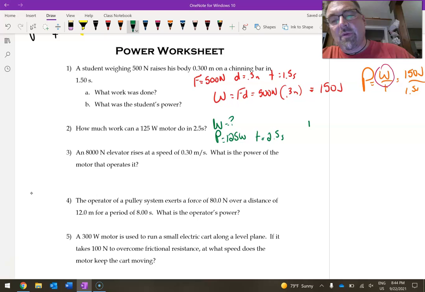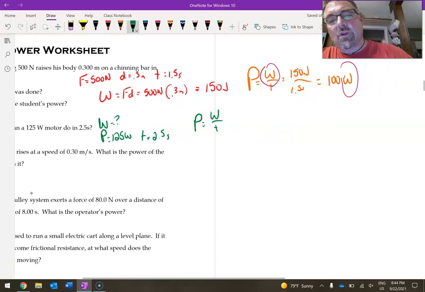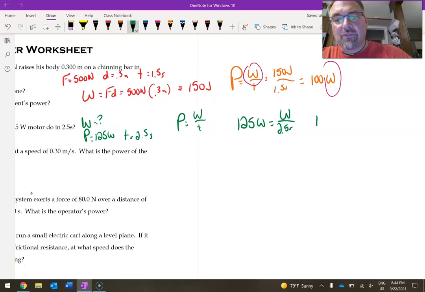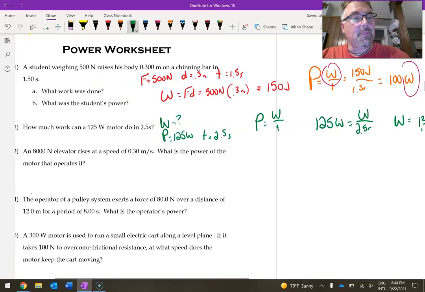And so remembering that power is equal to work over time, I can say that 125 watts is equal to the work divided by the 2.5 seconds. So when I cross multiply, W is equal to the work done is 312.5 joules. Or you can put watt seconds. That is perfectly fine as well.